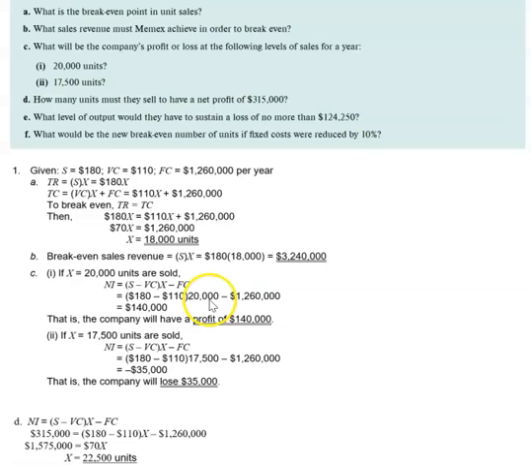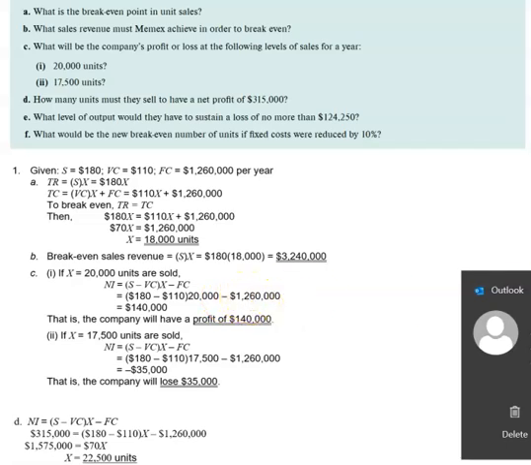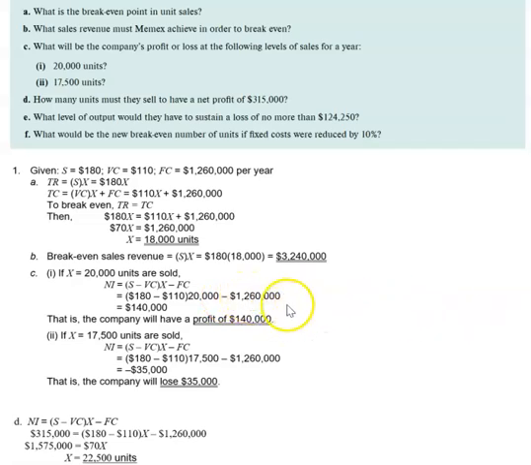Multiply that by 20,000, that gives you 1.4 million. So 1,400,000 subtract off 1.26 million gives you the net income of 140,000. So the company has a profit at a level of 20,000 units of 140,000.